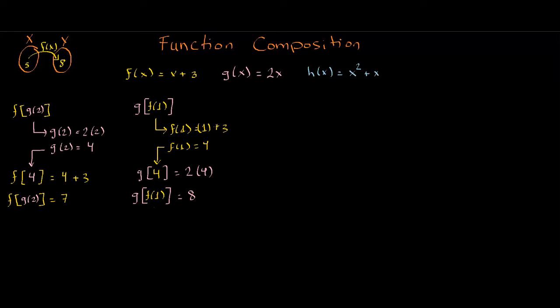Now let's move to something just a bit different. Of course, we can input a value to the function, but there is another thing we can do here. I'm going to write it first. It will be something like this: h of f of x. Notice something here: I'm not placing a value, I'm placing the function f of x.